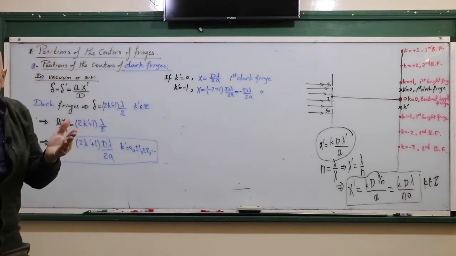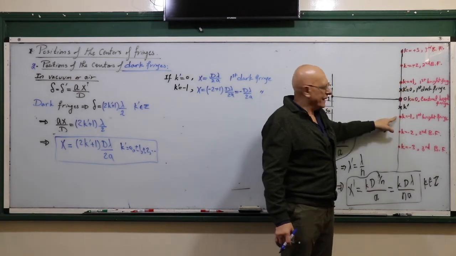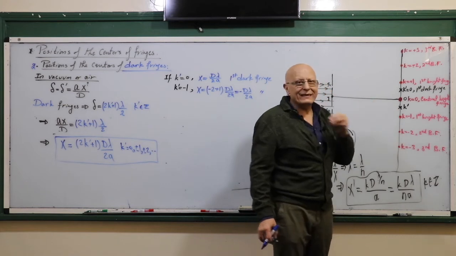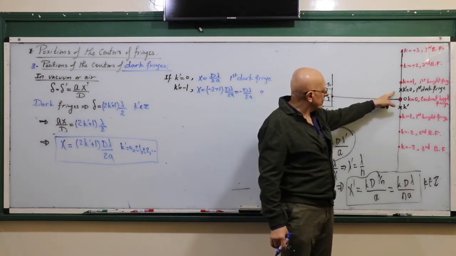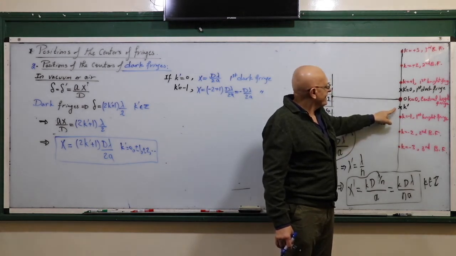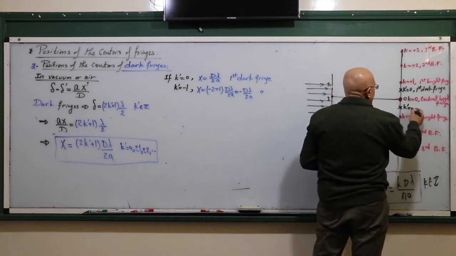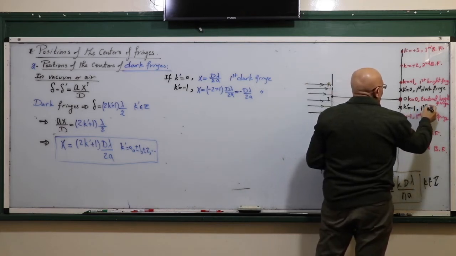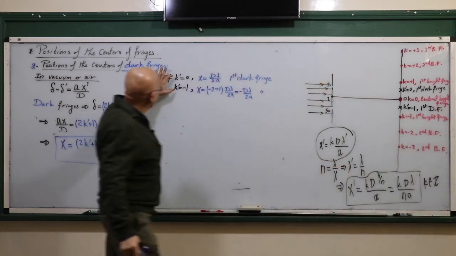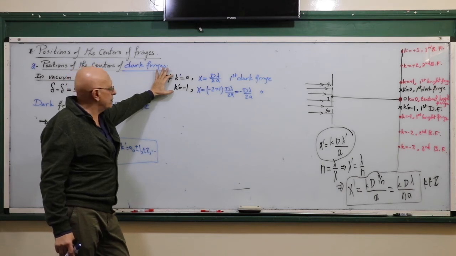For the bright fringes, the one above has K plus 1 and the one below has K minus 1. Whereas for dark fringes, the first one above has K prime 0 and the first dark fringe below has K prime minus 1. There is no symmetry in the order like the bright fringes. You should take care about this.